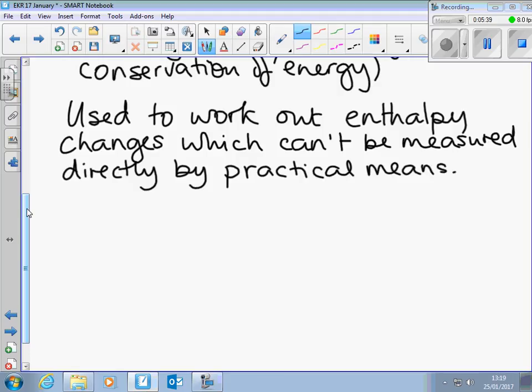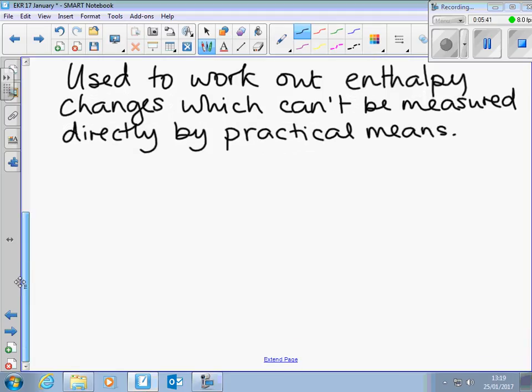then what we've got, if we use an energy diagram approach, and this was what we were looking at earlier, when we originally introduced the idea of endothermic and exothermic.